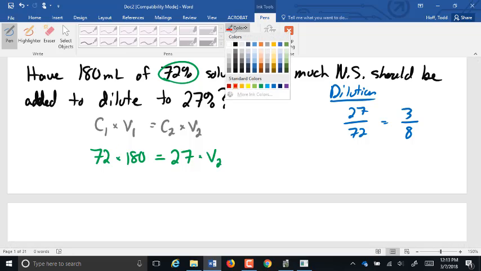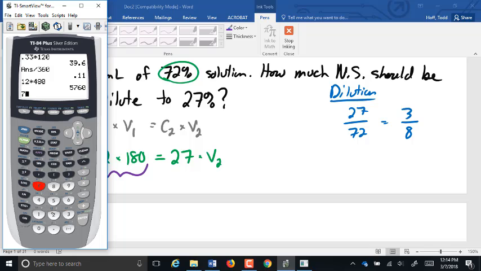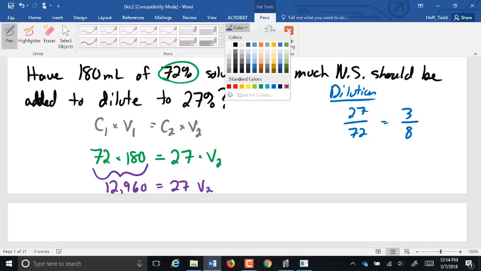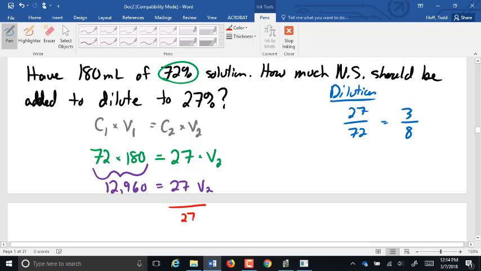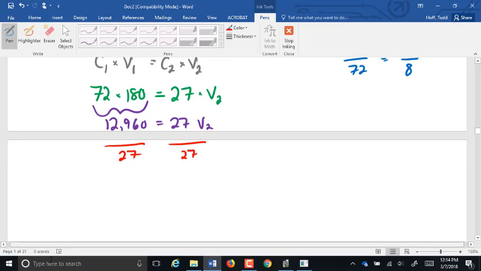So we calculate 72 times 180 is 12,960 equals 27 times V2, and we'll divide by 27. We get 480 equals V2.